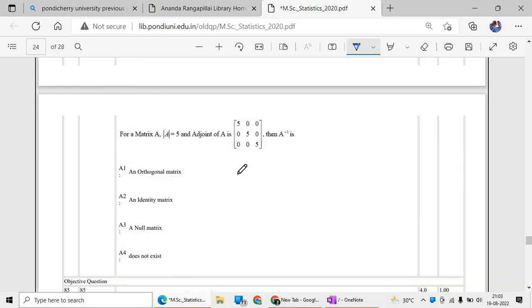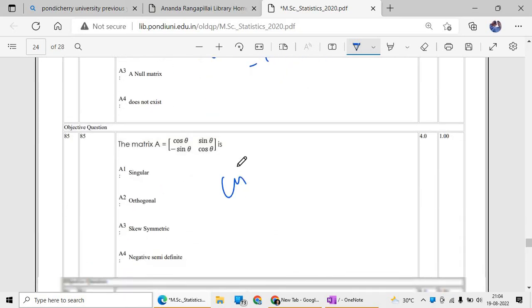For the matrix, modulus of A equal to 5 and adjoint of A is given, then A inverse is... A inverse into A equal to I, that means it is orthogonal. This is orthogonal. This is orthogonal, maximum.